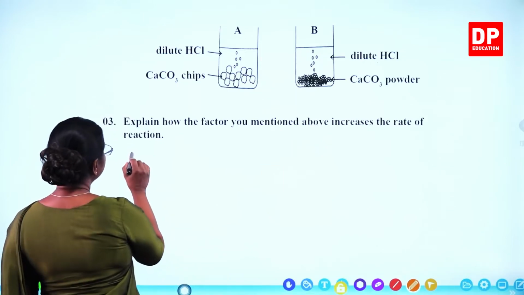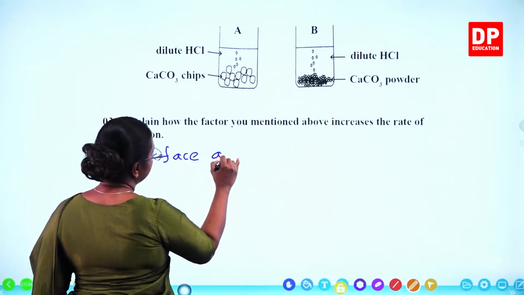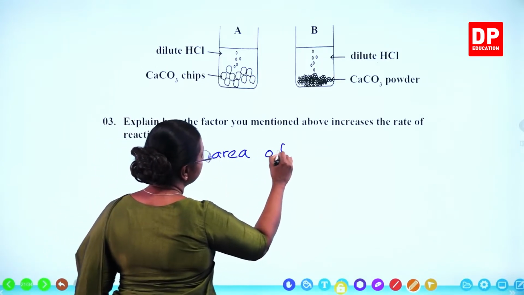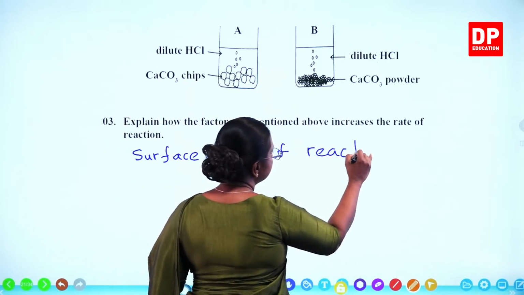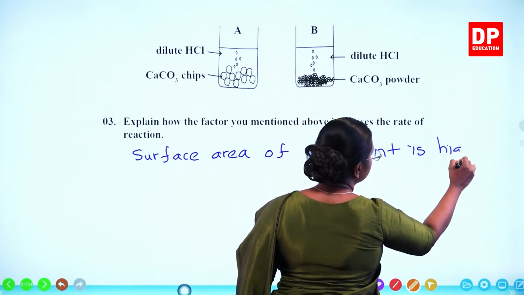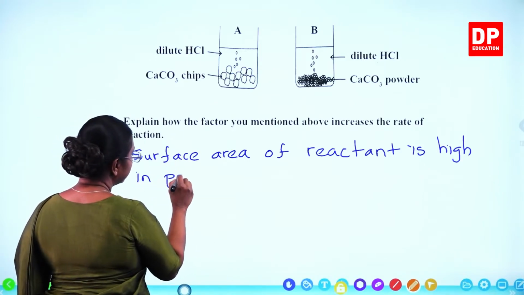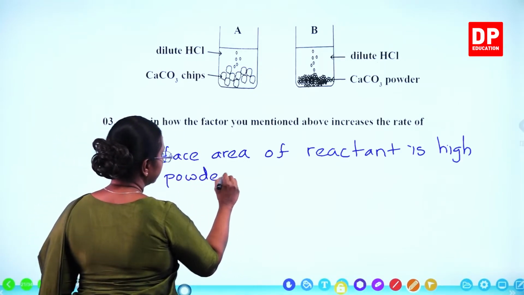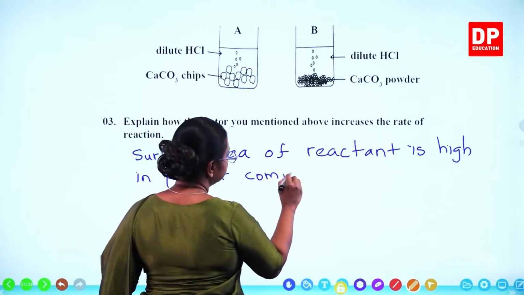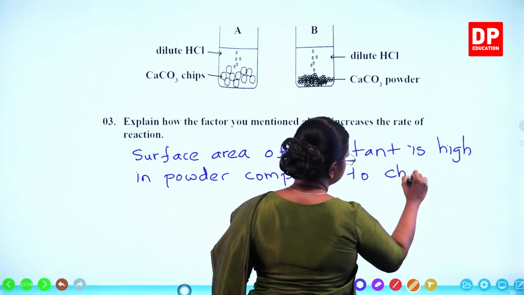So, we can say surface area of reactant is high in powder compared to chips.